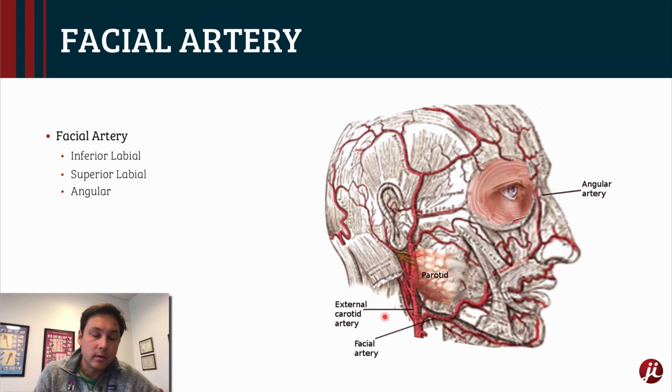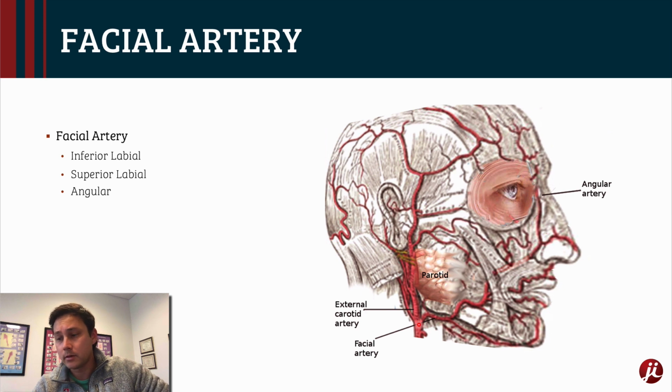So mixed in with the facial nerve are the superficial arteries of the face. A lot of those branches come off of the external carotid artery. So here you can see the top end of the external carotid artery. And at this point, it's already given off a couple of branches, some of which you guys know if you've taken the arterial class.